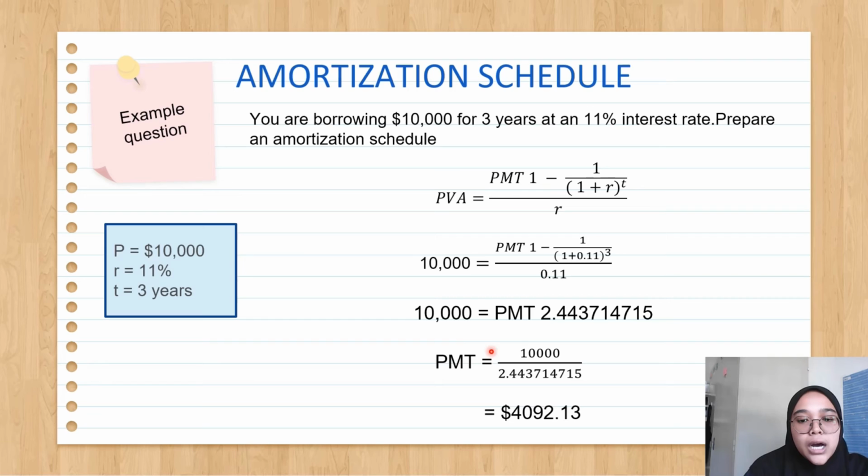Payment, PMT, equals 10,000 over 2.443714715, and we get a payment of $4,092.13.